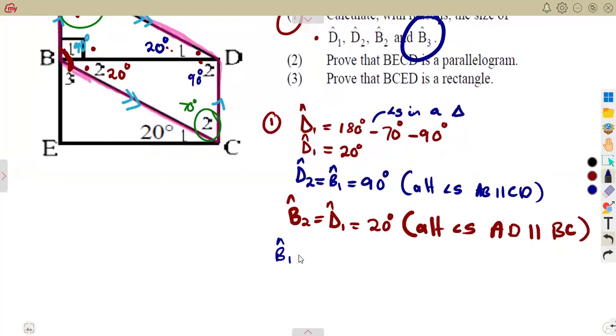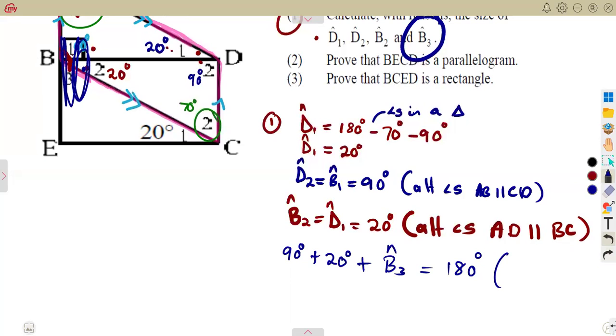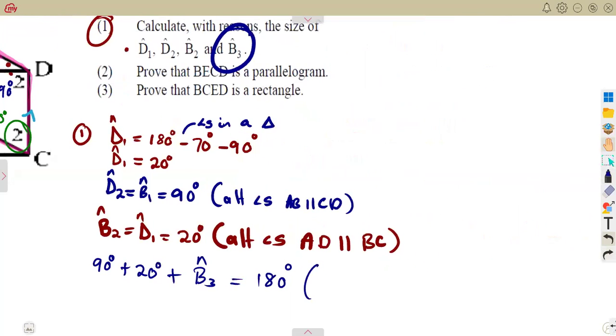We know angle B1 is 90 degrees, plus angle B2, which is 20 degrees, which we calculated, plus angle B3 must be equal to 180 degrees. These are angles on a straight line.